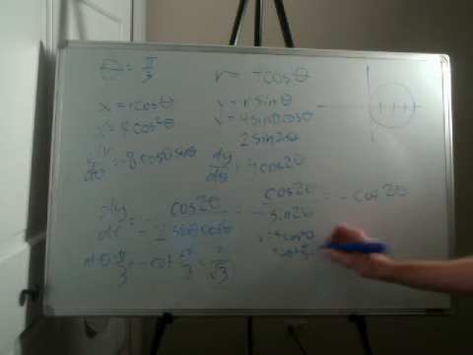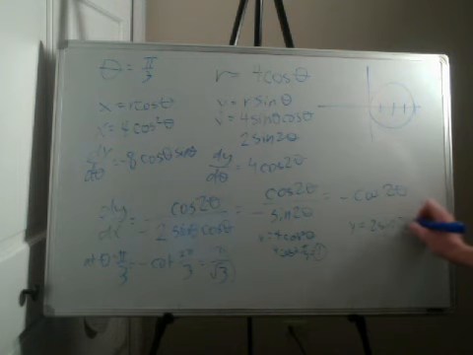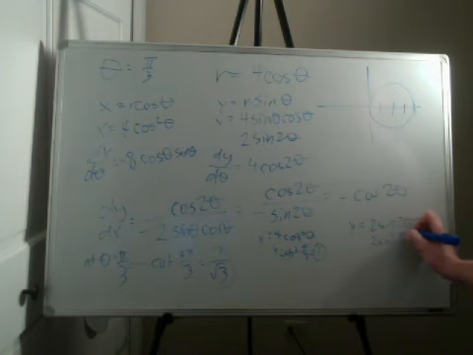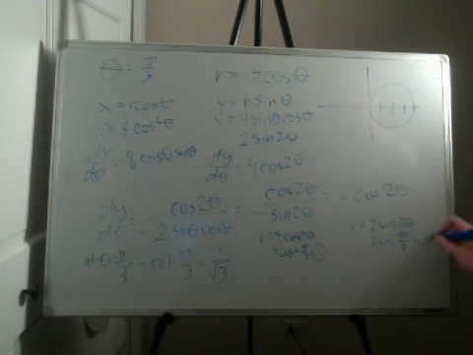Y equals 2 sine of 2 theta. So pi over 3 would be 2 pi over 3, which equals root 3 over 2 times 2, which equals root 3. So this is the x point, this is the y point, this is the slope.